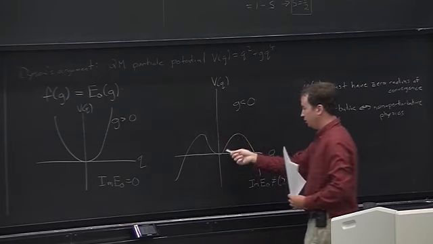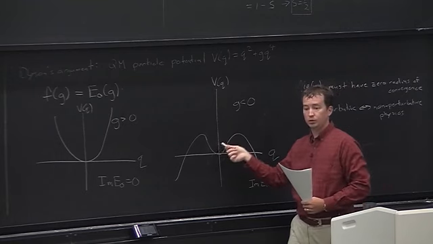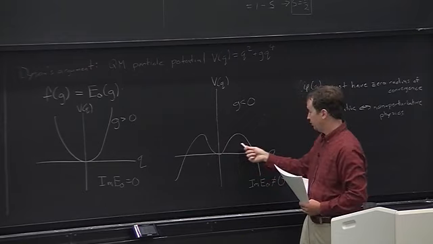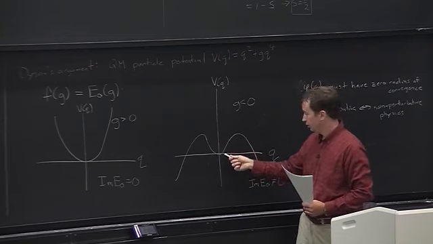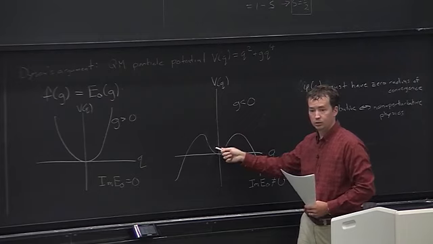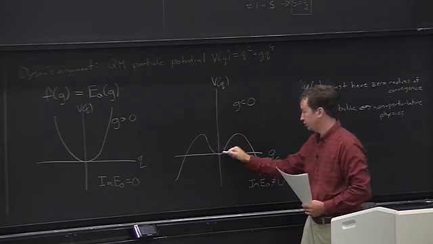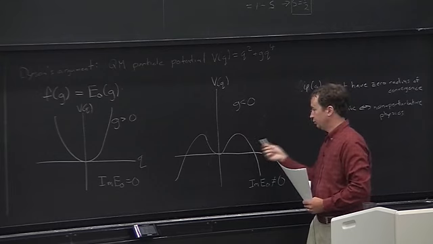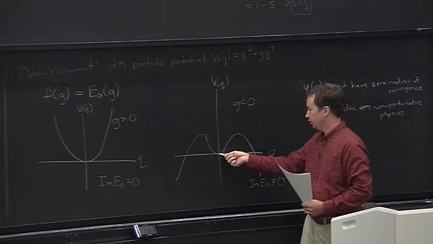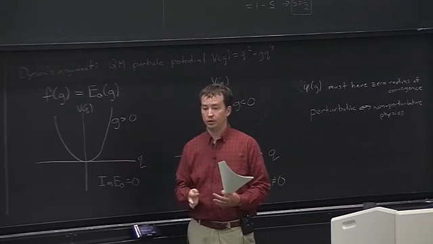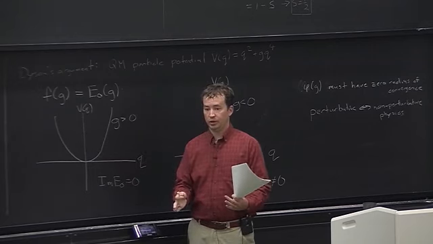That would give us some real answer if we just ignored what's going on over here. If we included this part, that would give us a correction to the ground state energy that has to have an imaginary part, because the particle is not going to remain localized through here. Eventually it's going to tunnel out and the wave function will spread. In other words, if we have a particle in the ground state, the probability of it remaining in the ground state will be 1.